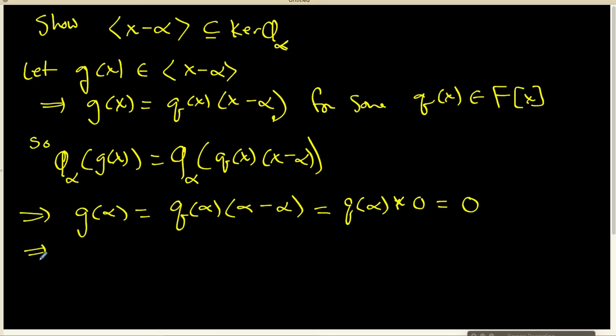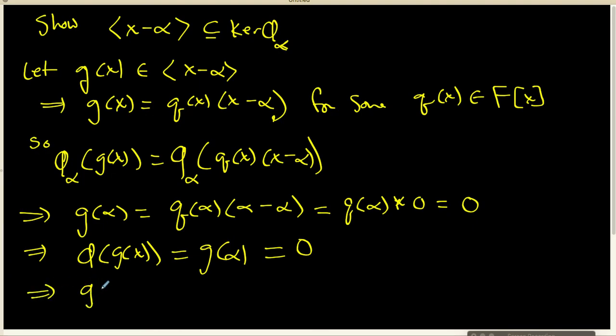So that says phi of g of x, which is g of alpha, is indeed 0, and that says g of x does belong, let me make my notation a little bit clearer, to the kernel of phi sub alpha.